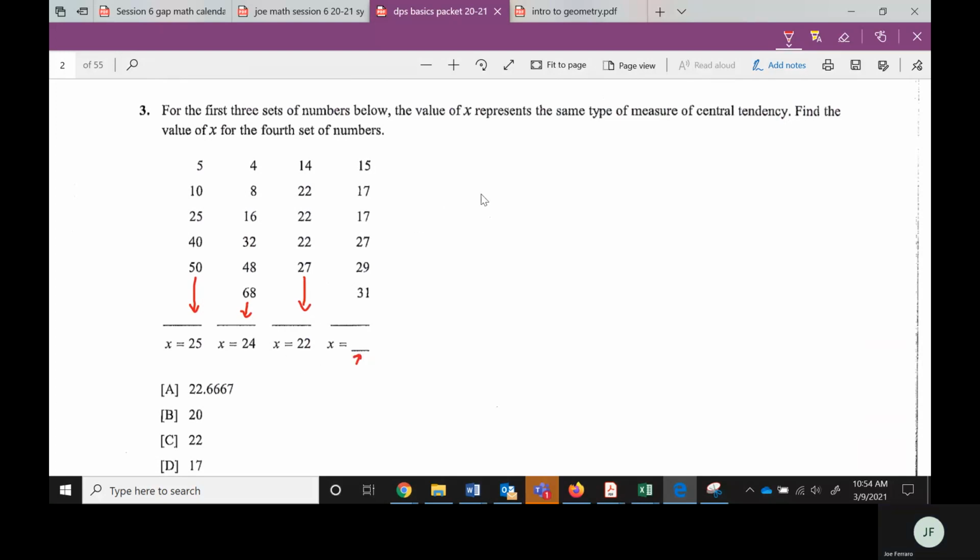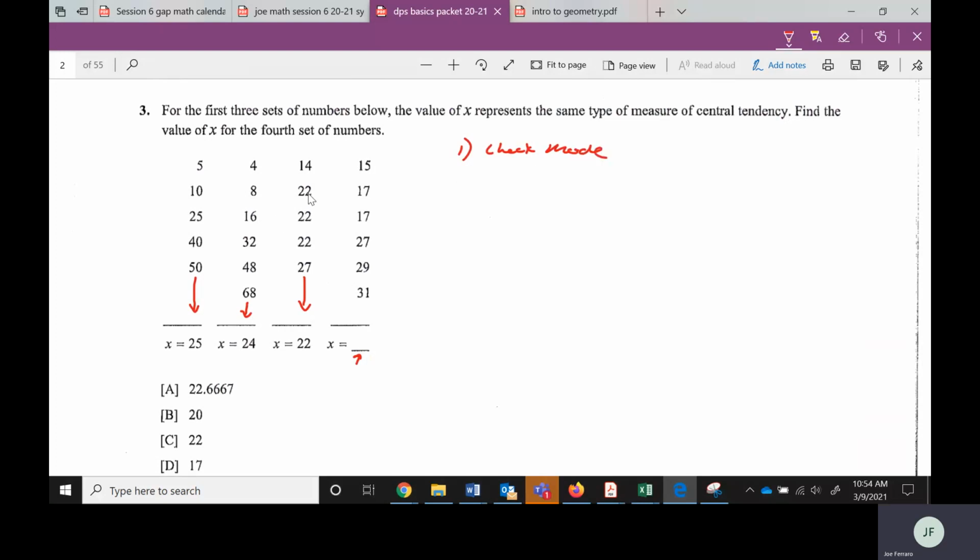So what to look for? What this means is this number is either the mean, median, or mode of this group, and whatever that is, it's the same for these other 2. So if this was the mode, this would be the mode, this would be the mode, or median, median, median, or mean, mean, mean. So what you should do is check first to see if it's the mode.